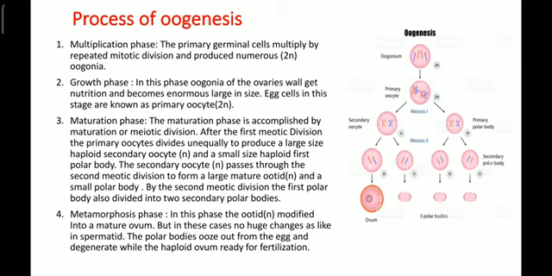And ultimately, after the maturation phase, each primary oocyte produces a single large oocyte and three small polar bodies. And this single large oocyte is ultimately transformed into the ovum by the metamorphosis phase.